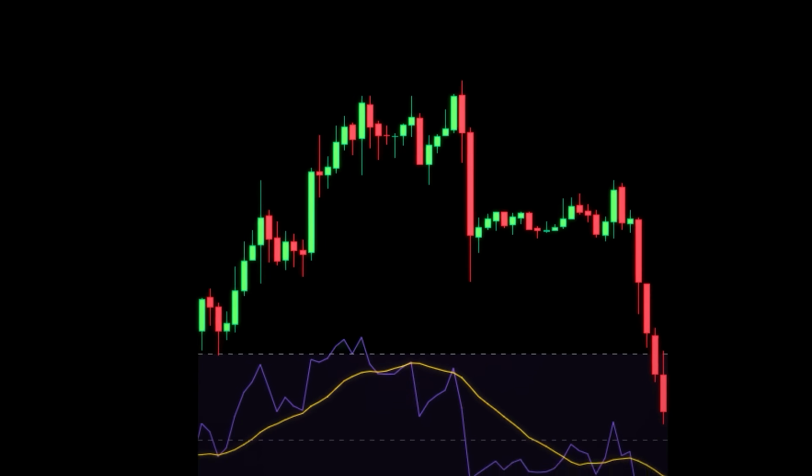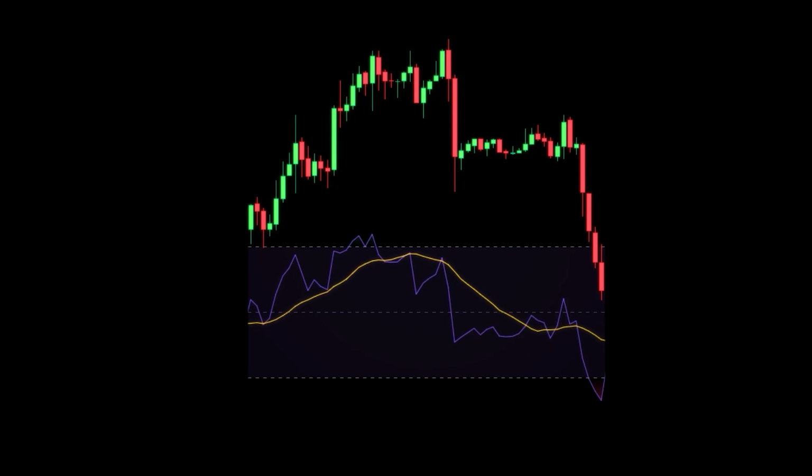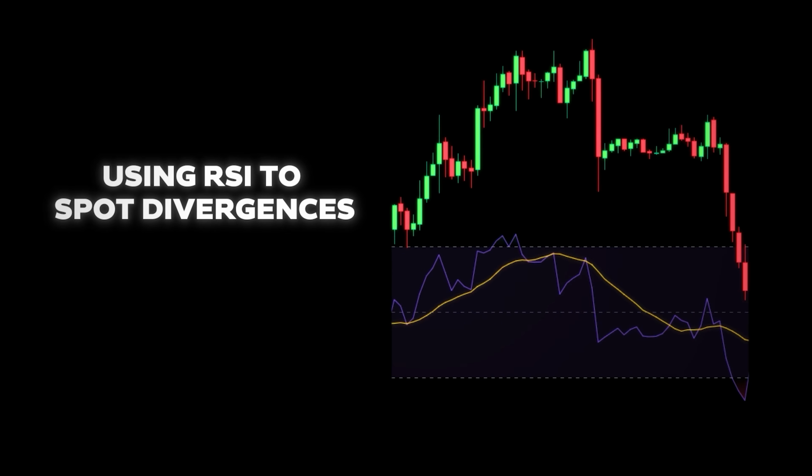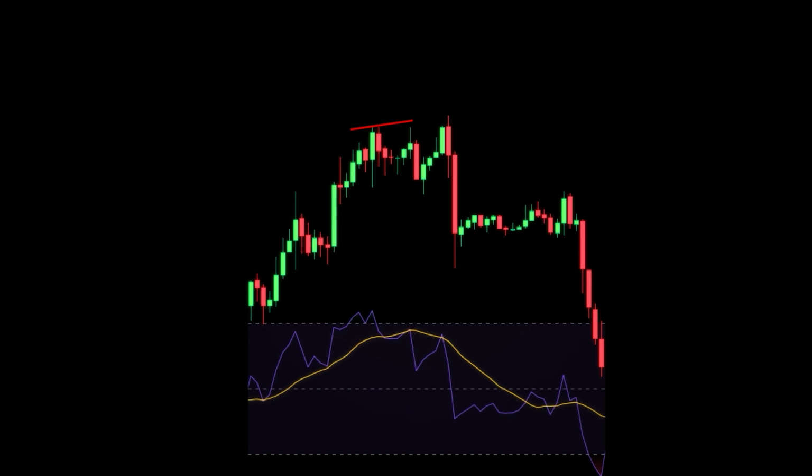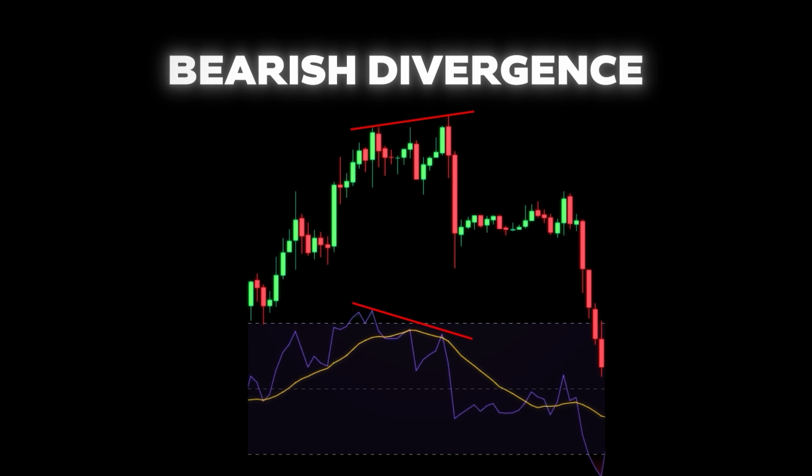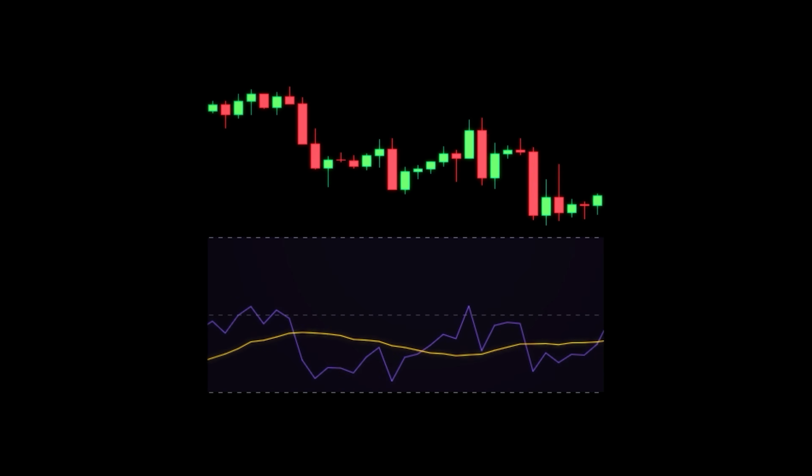Another way to use RSI that you might be more familiar with, because we've done videos on it on this channel, is to use RSI to spot divergences. If price is making a higher high, but RSI fails to do so, making just a lower high, that is evidence of a bearish divergence. This is a warning sign that momentum to the upside is fading. The opposite is true.